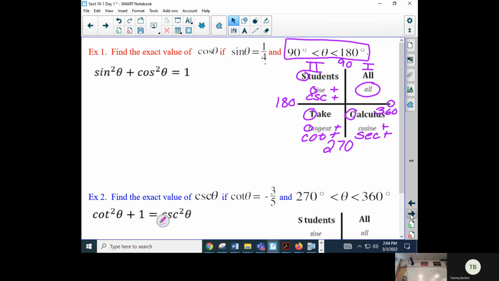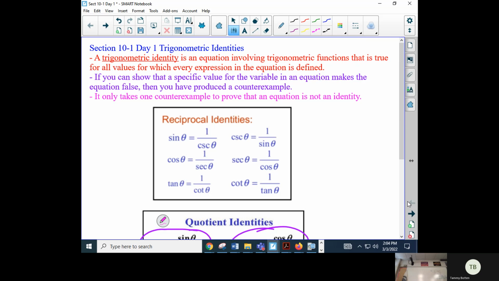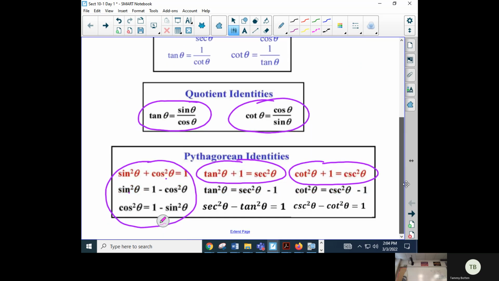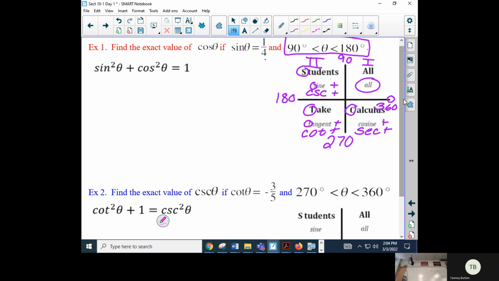Now, here's what you do. If they give you sine, you're going to put that into the Pythagorean identity that has sine. And what I mean by that is, back down here, it's this one here. Okay, so we're going to go back there and we're going to say sine is 1/4, and I have to square that, plus cosine squared, because I don't know what that is, equals 1.